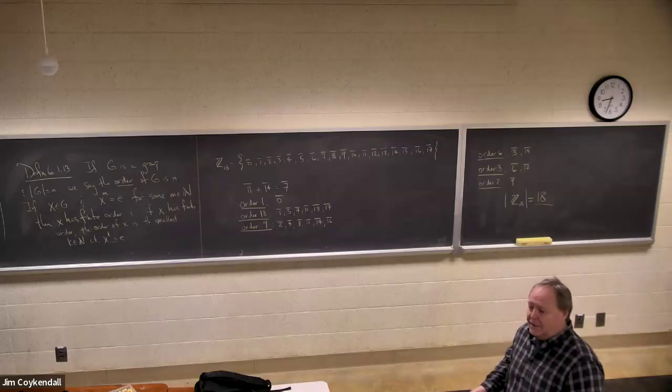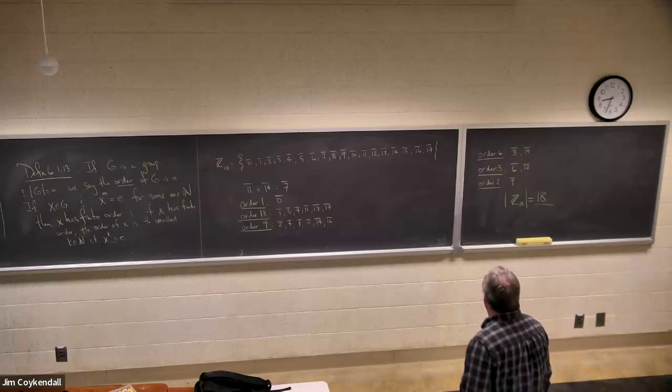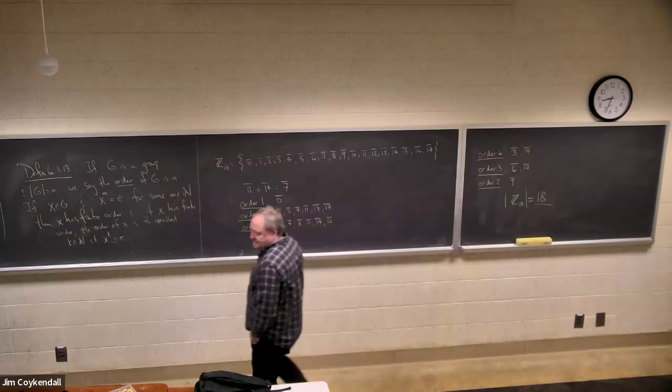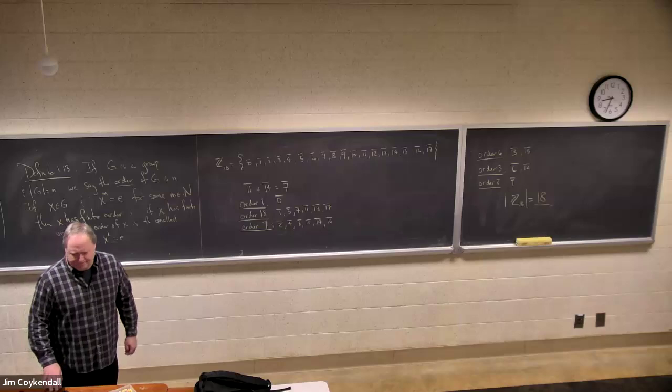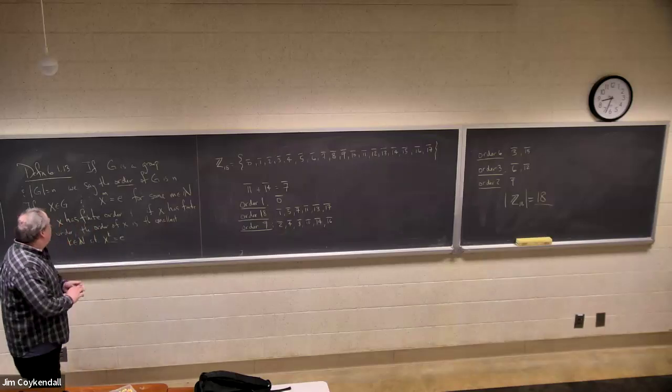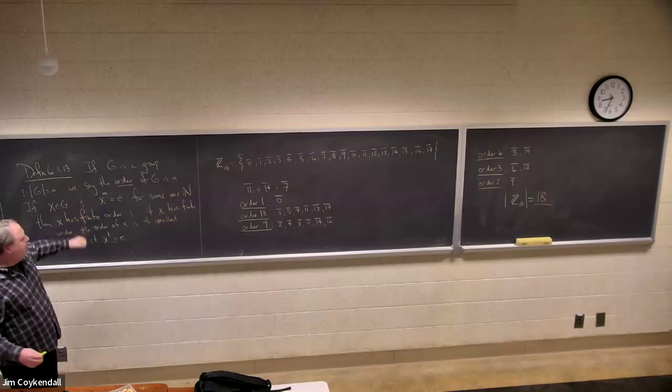If the group is finite, what is true is that there will be an element of order p for every prime p dividing the order. But that's for later. By the way, when I talk about a group being of infinite order, that just means it's got infinitely many elements in it.